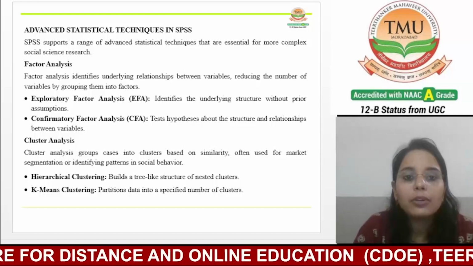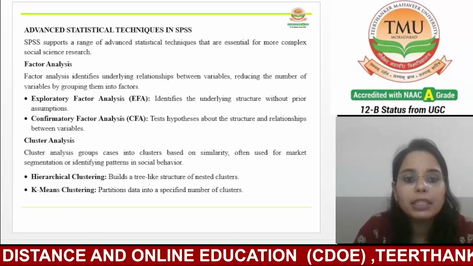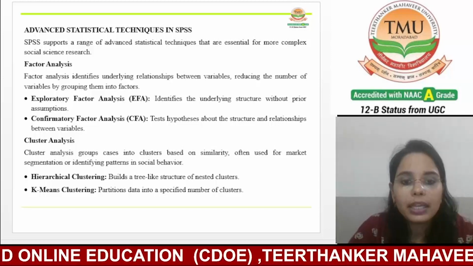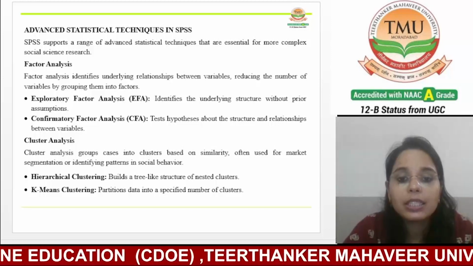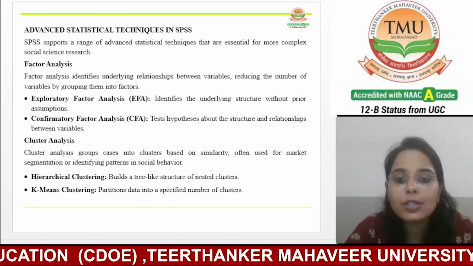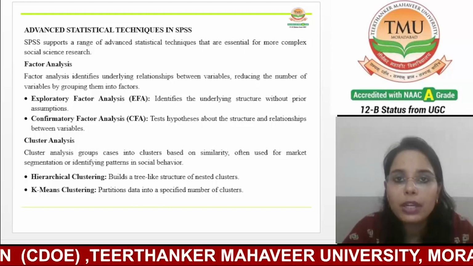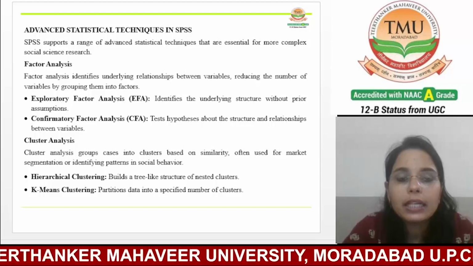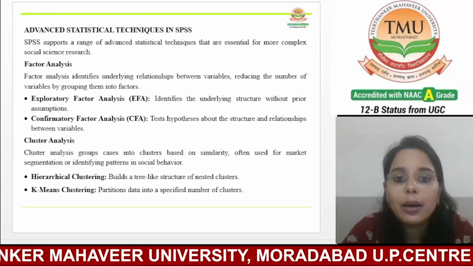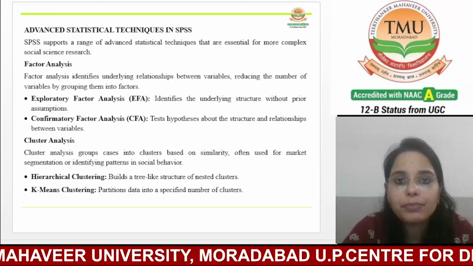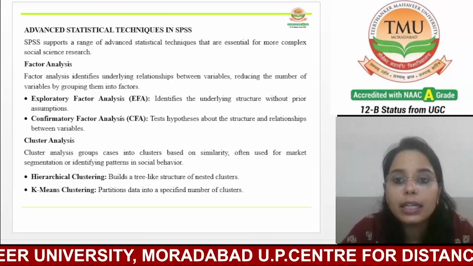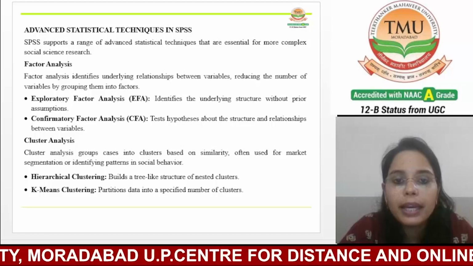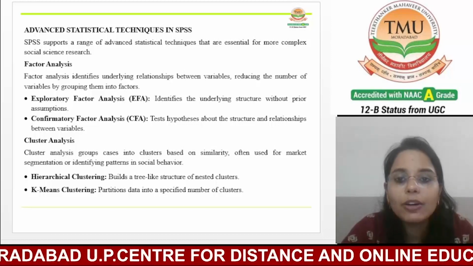And now the next one is k-means clustering. K-means clustering partitions data into a specified number of clusters. In simple terms, k-means clustering is a partitioning method that divides data into a specified number of clusters based on the similarity of cases.